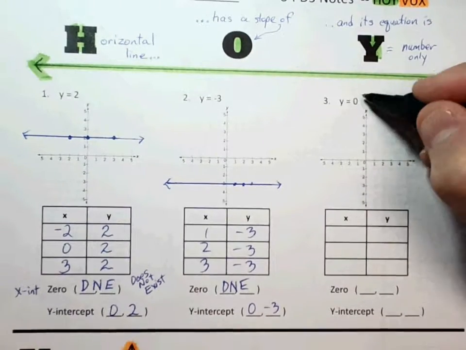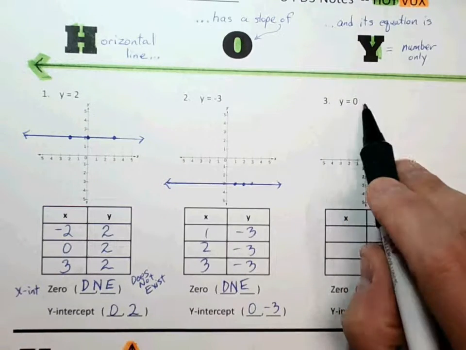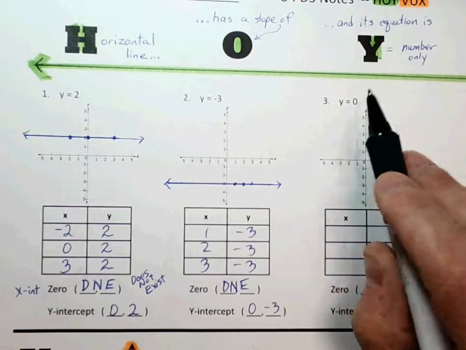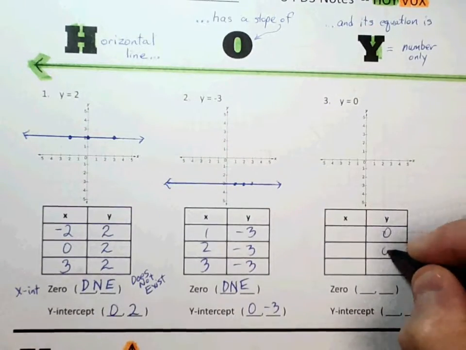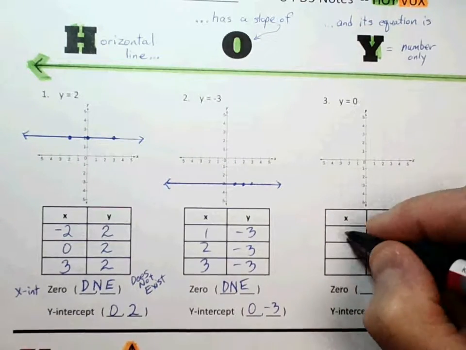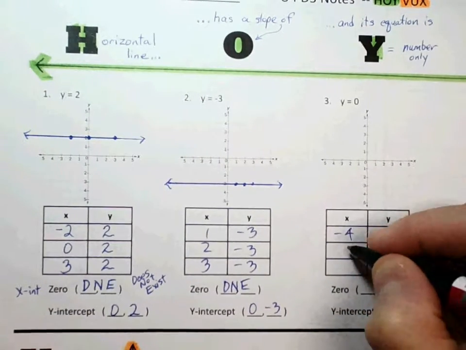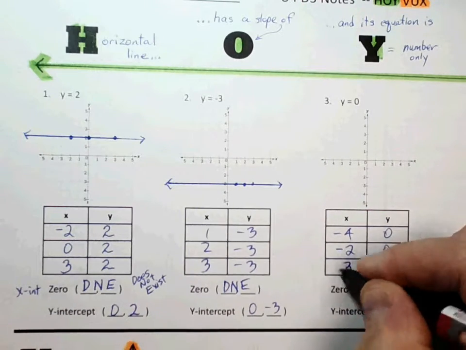All right. So now, again, I notice I have an equation that starts with y that doesn't have an invisible x. So, I'm thinking HOY. All of my y's are 0. What do I do with my x's? Pick a number, any number, doesn't matter. -4, -2, and 3.